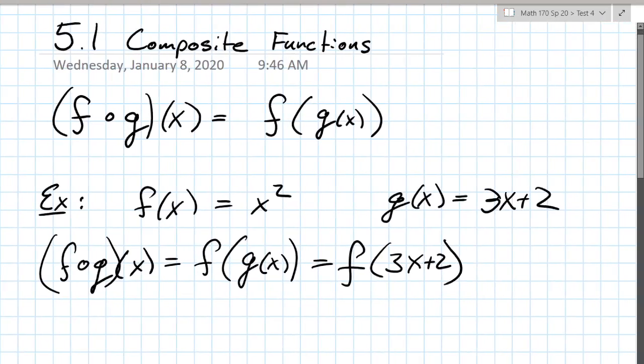Anywhere that we see x in the f of x function, we replace it with 3x plus 2. So we have x squared as our f of x function, and we write (3x plus 2) squared.